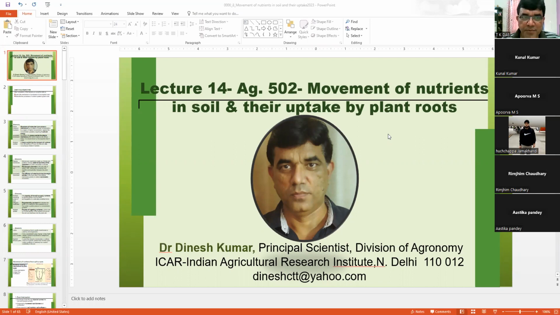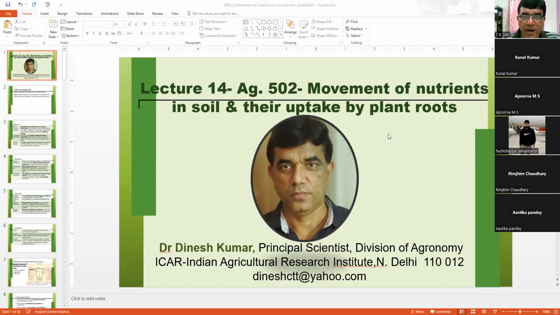And movement of nutrients here means how the nutrients are reaching the plant roots from the soil solution. As you may know, the soil solution has the nutrients in available form, and those nutrients will go to the plant root. Sometimes the plant root can also come in contact with the soil solution and directly absorb the nutrients.